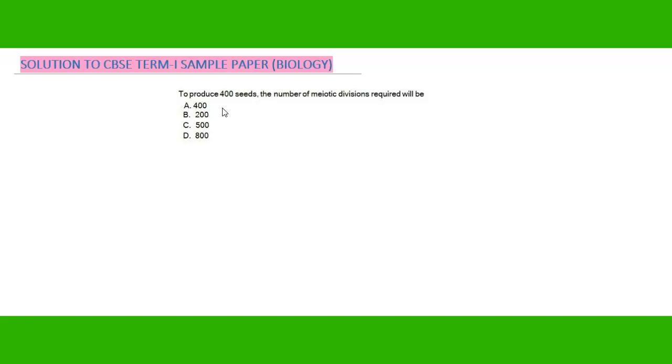To produce 400 seeds, the number of meiotic divisions required will be? Now to form one seed, you must know that one female gamete is required and one male gamete is required.